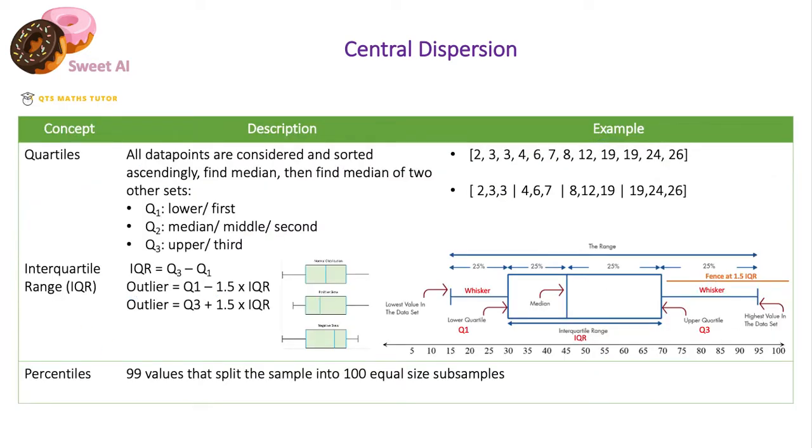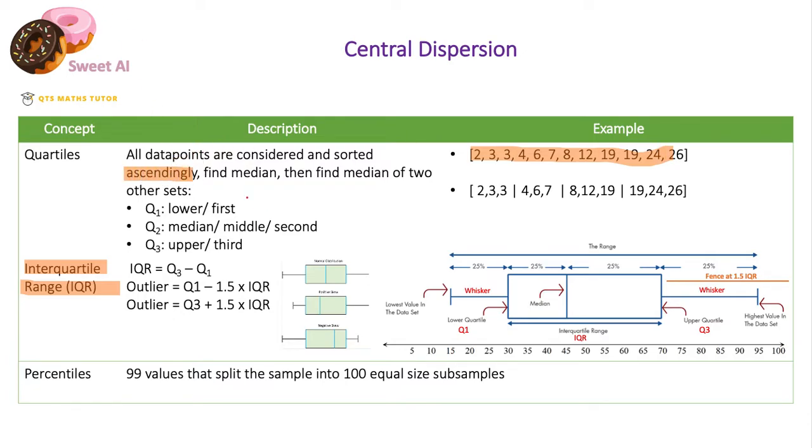And another central dispersion measure is quartile. The good thing about quartile is all the data points are considered for the quartile. The way that we get the interquartile range, which is something that we will use a lot for machine learning and statistics, is we take the data points that we have and sort them in ascending order.